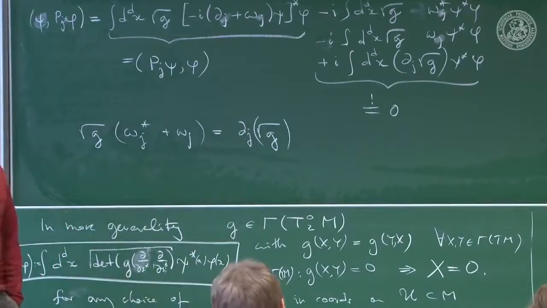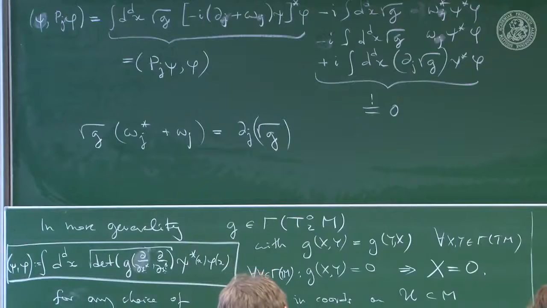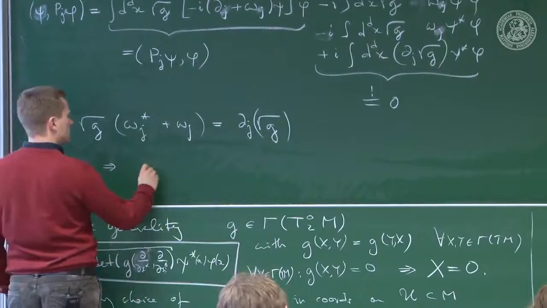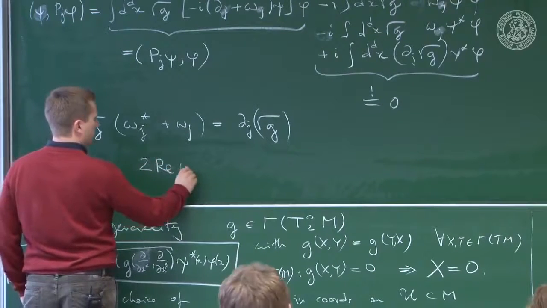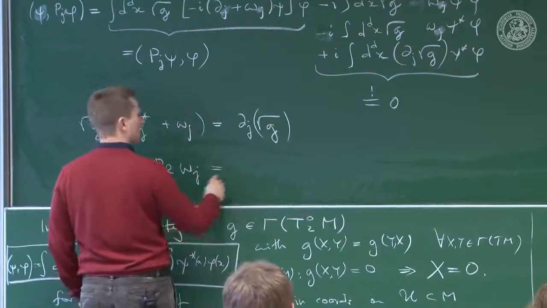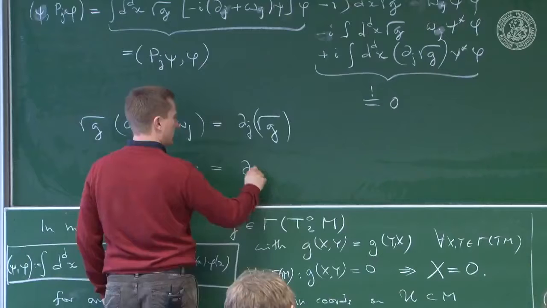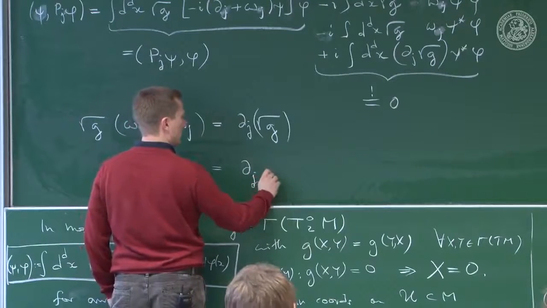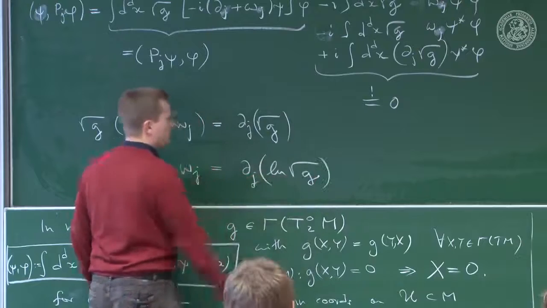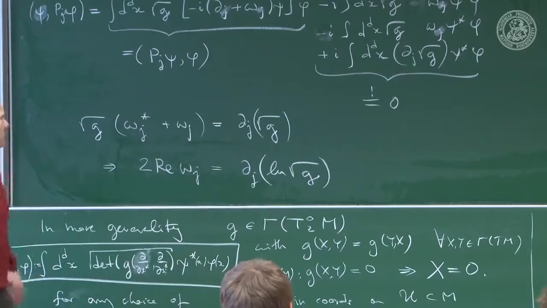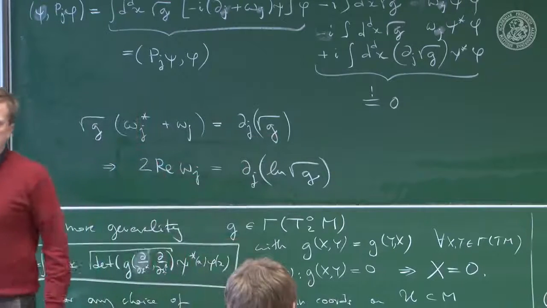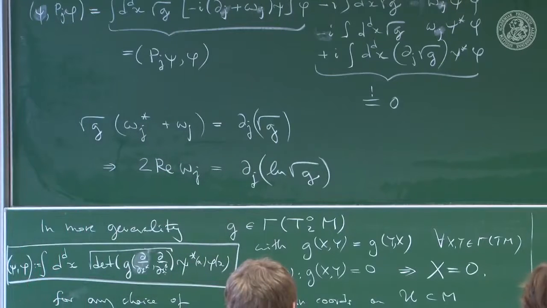Right? In other words, 2 times the real part of omega j must be del j of the logarithm of the square root of the determinant of g. Because I multiply this through down here, and then it's the derivative of the logarithm.